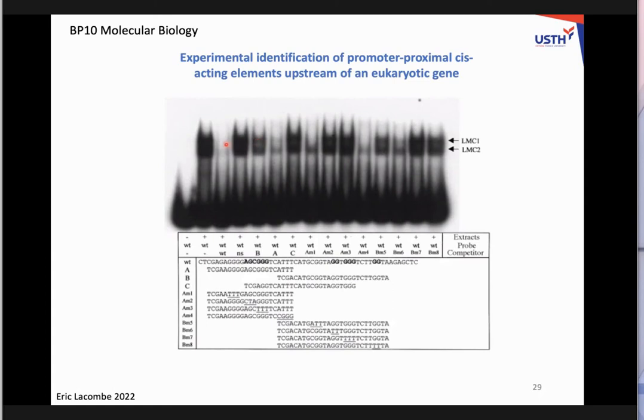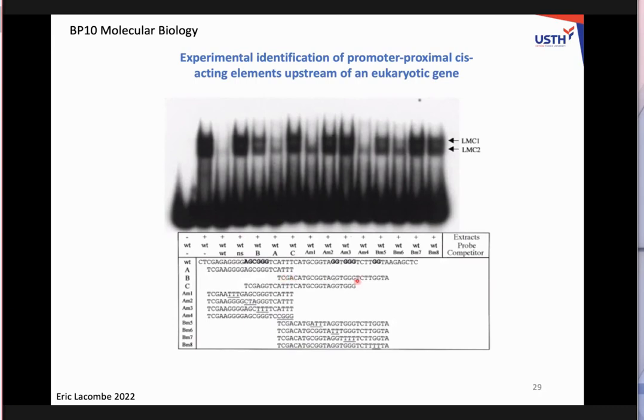Compare with the wild type competitor, non-specific competitor, and fragment B as competitor. You see that if you add in excess the fragment B as a competitor, you lose the intensity of the interaction. So it means that part of this sequence, the fragment B, is important in the establishment of the complex formation. Do you understand that?